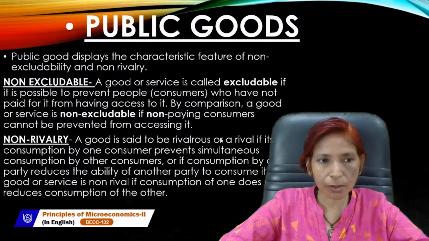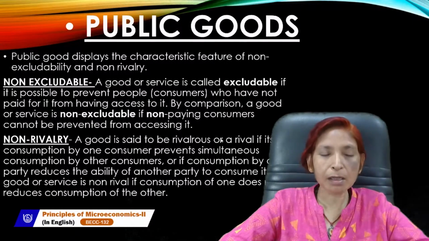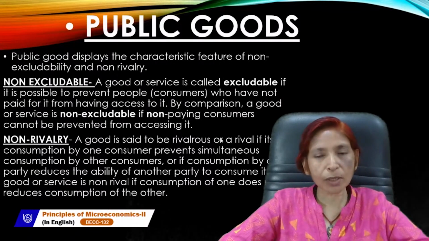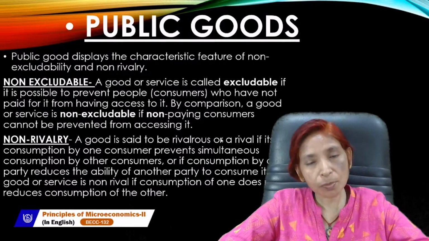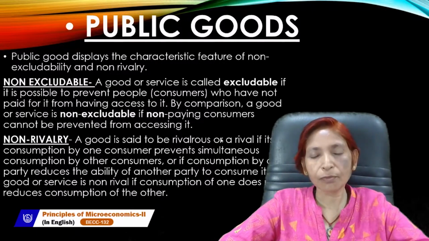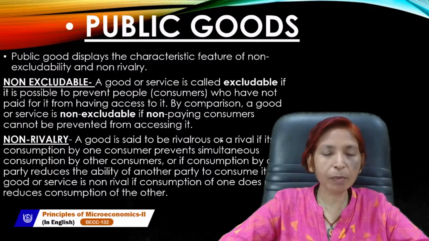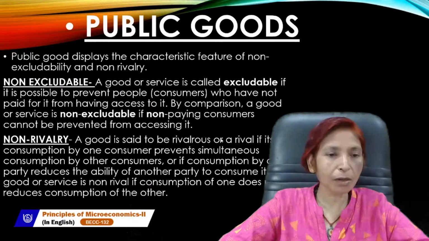So a non-excludable good is a good that non-payers or free users can also use. Excludable goods are those goods which can be used only by those persons who are paying for that commodity. Others can't use them. But non-excludable goods can be used by everyone, whether they are paying or not.